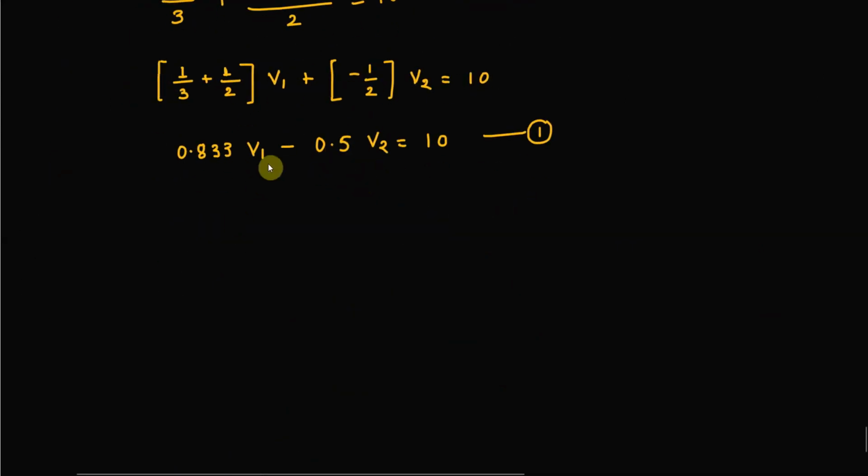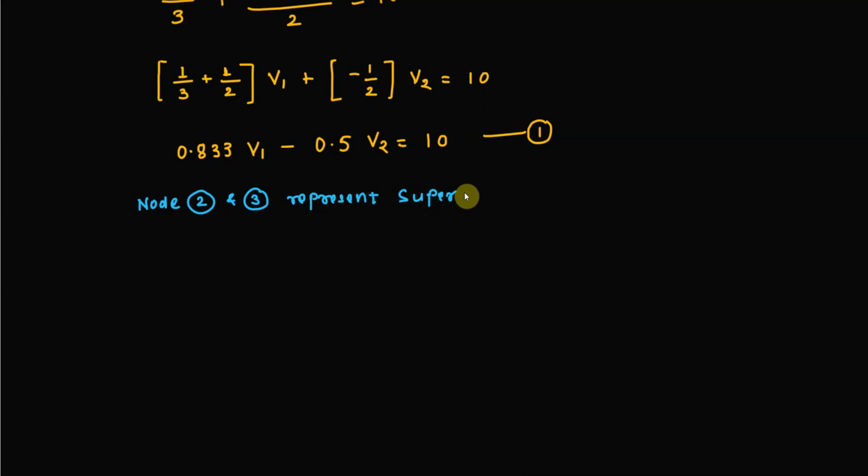So I will note down the next point here. Node 2 and 3 represent supernode as voltage source is connected between them.